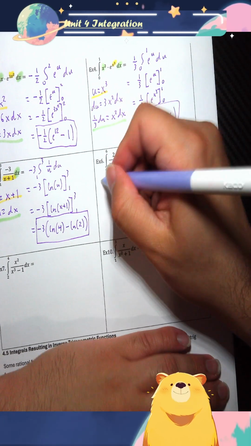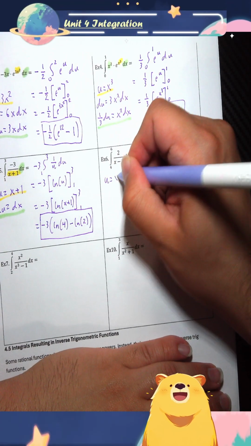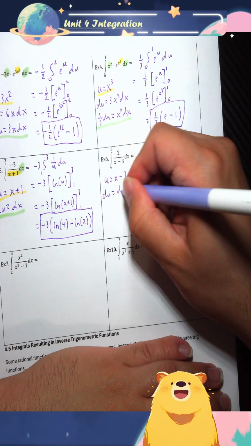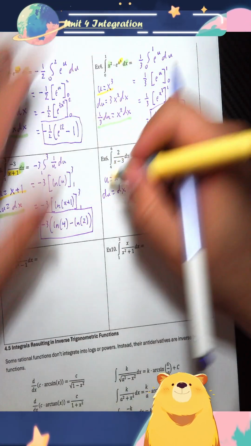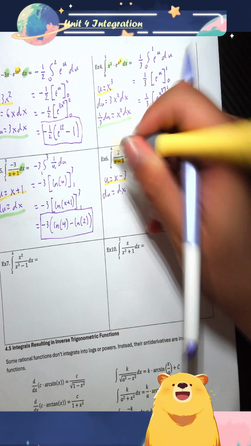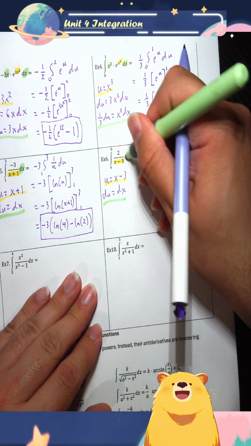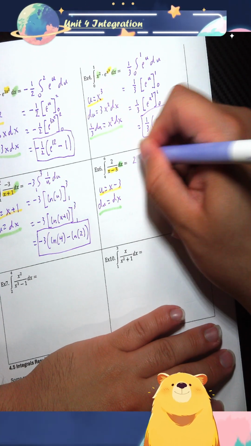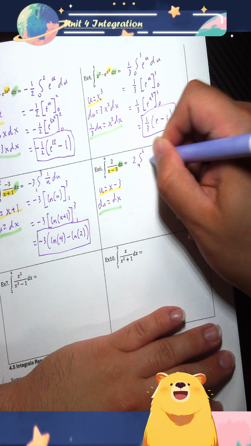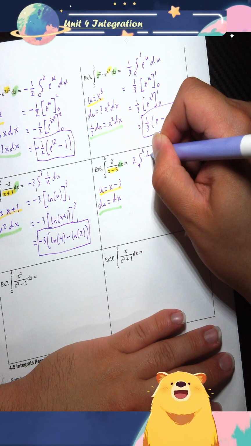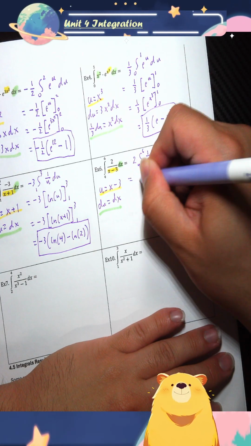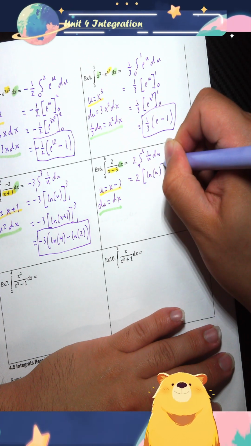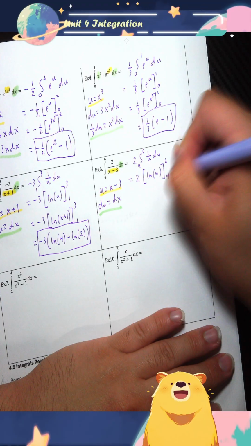All right, let's keep going. Seems we're going to have a similar pattern here. u = x minus 3, du is dx. Replace this whole bottom part with u, and just swap out the dx for a du. 2 times the integral from 4 to 6 of 1 over u du. That's going to be ln of u again from 6 to 4.